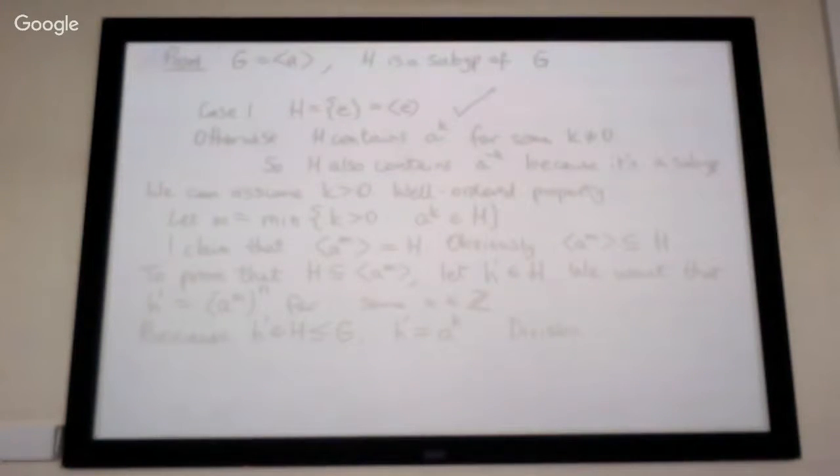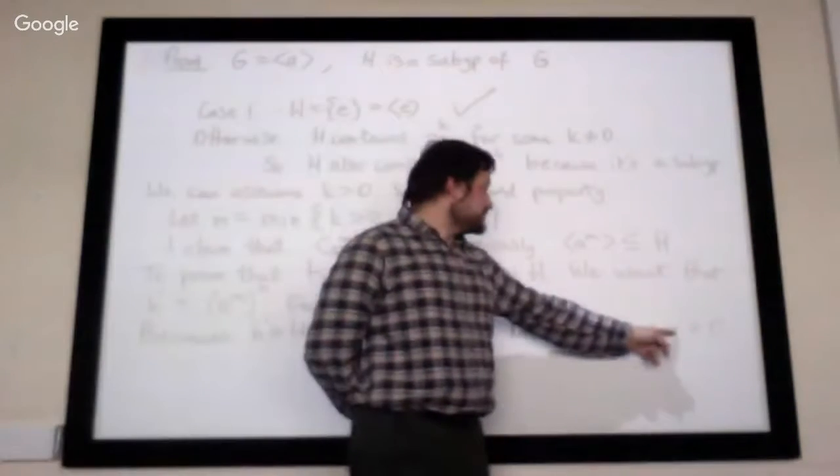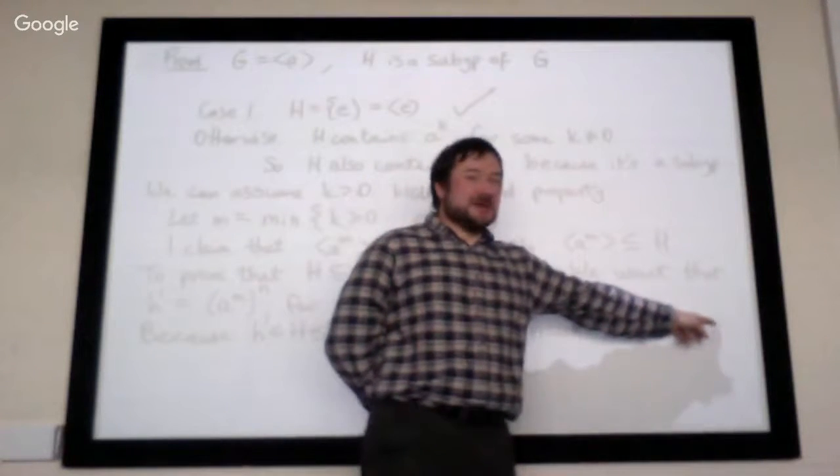What division means is that K can be divided by M, and I get quotient Q and the remainder R.